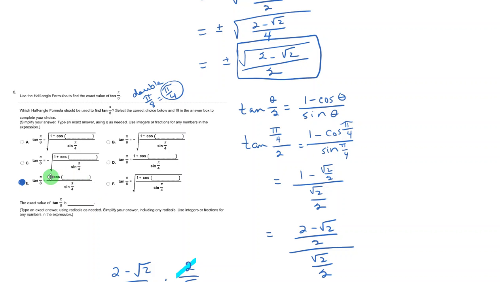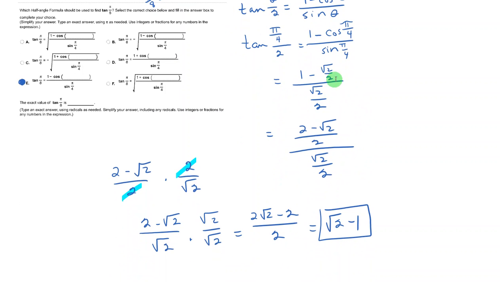All right, because we're choosing to let pi over 4 be our angle that we're dividing by 2. So we've got this. The cosine of pi over 4 is square root of 2 over 2. And the sine of pi over 4. On the top, we make that 2 minus the square root of 2 over 2. That's that part, over the square root of 2 over 2.